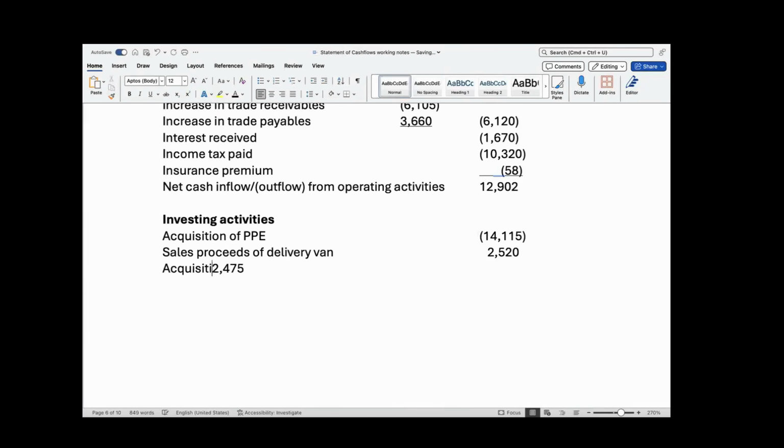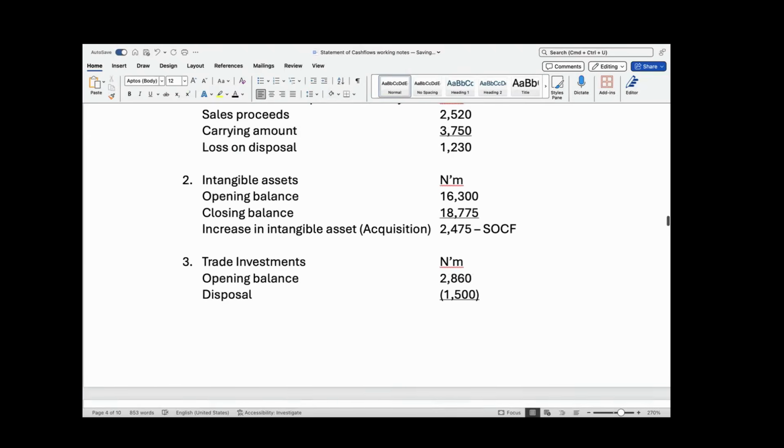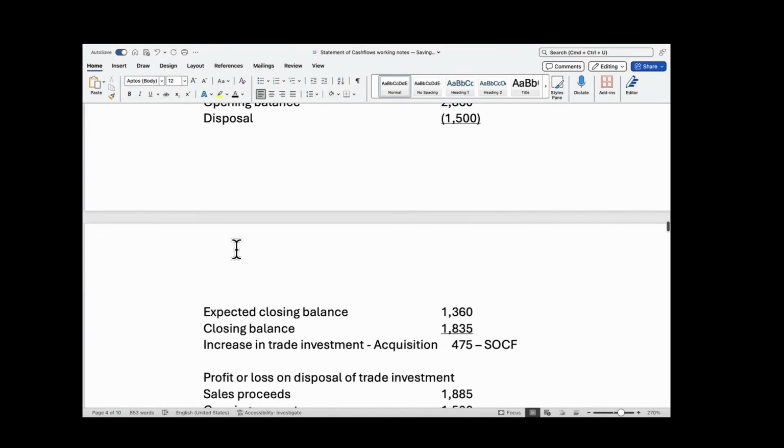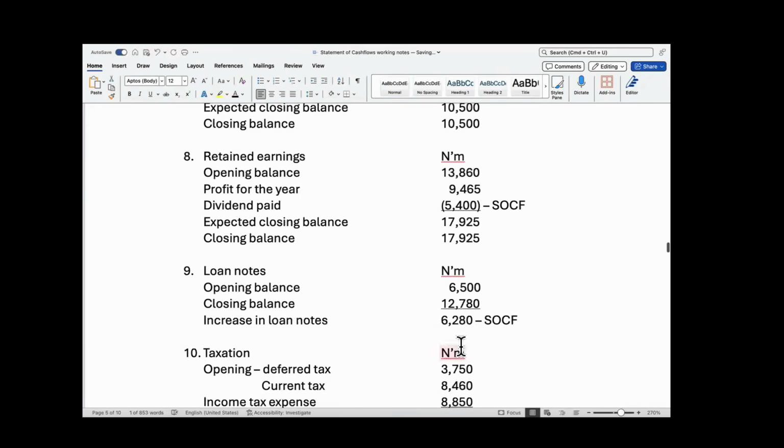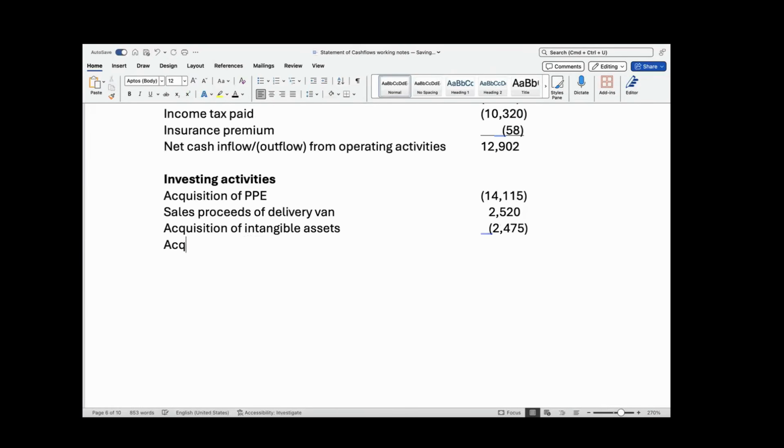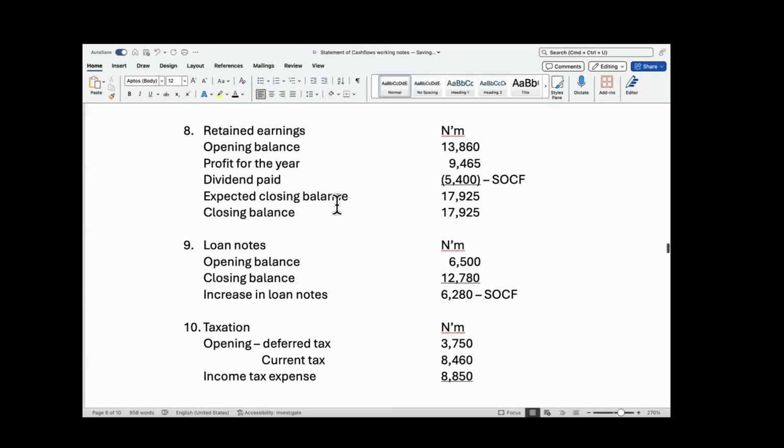And also, after intangible assets, there was an acquisition of trade investments of 475, an outflow.